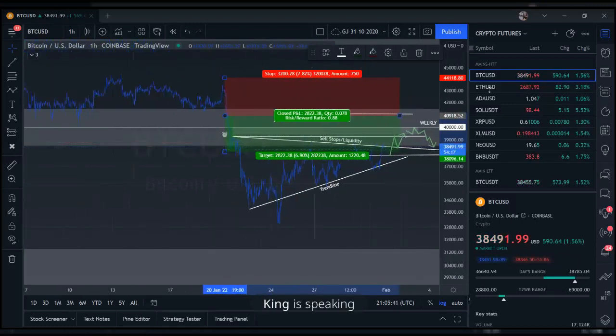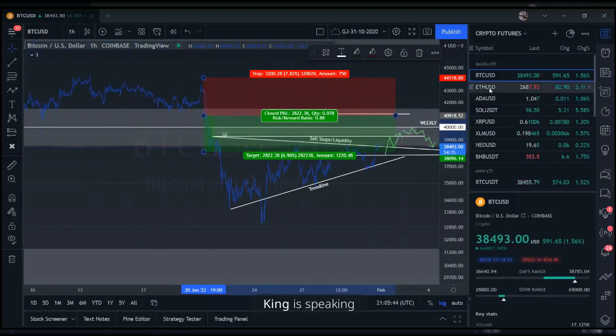Ethereum, I think I'm out of my. Let me just check my positions quickly. So I should be out of. Okay, now one swing trade still open.